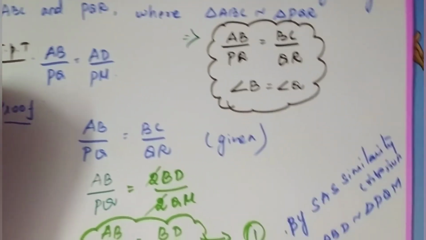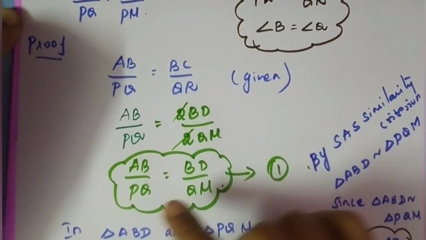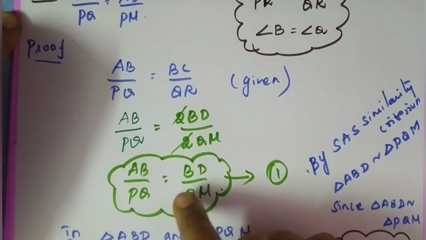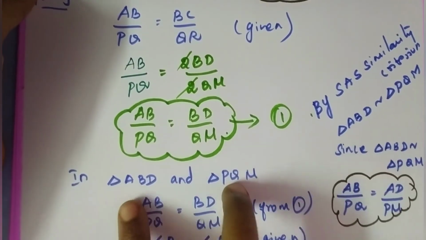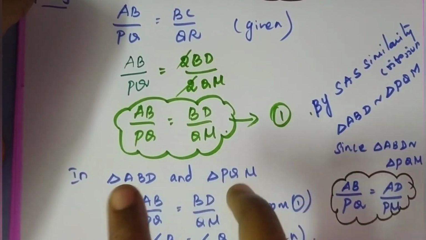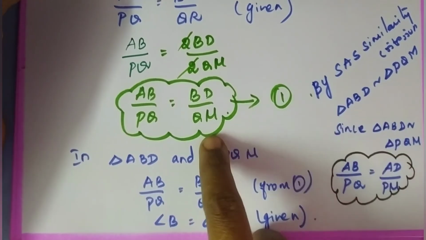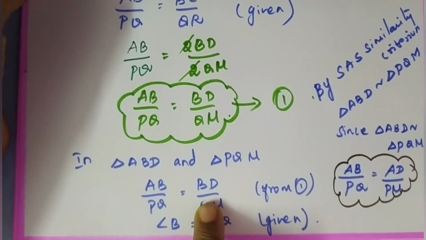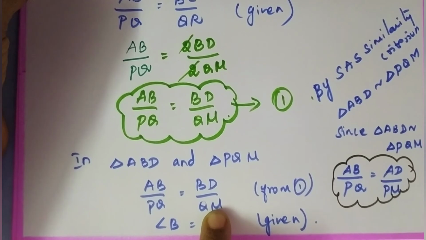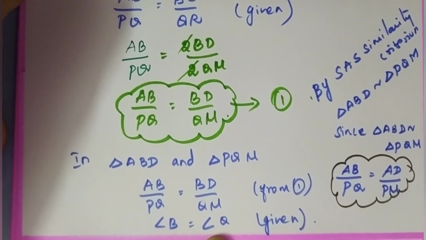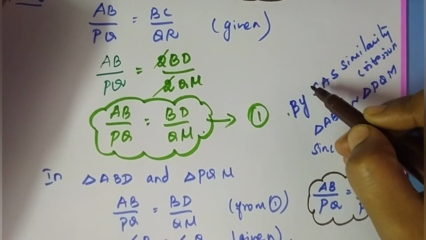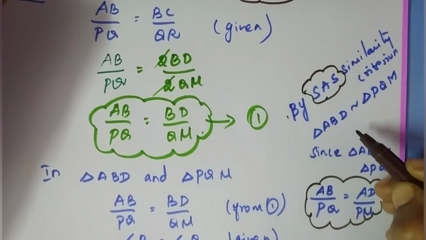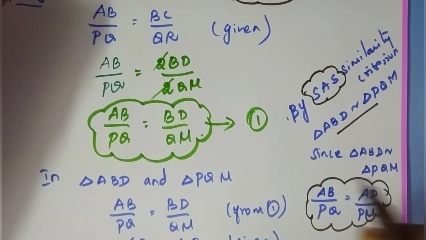But to prove that the two triangles are similar, I have taken these two sides and this one angle alone. From the given I concluded that AB divided by PQ is equal to BD divided by QM, and from 1 I concluded that the corresponding sides are proportional and one angle is equal. So by SAS criterion, I said that the two triangles are similar.